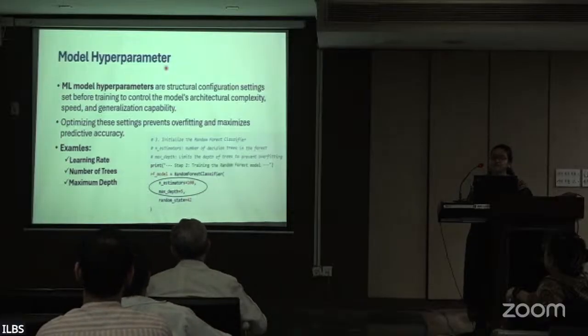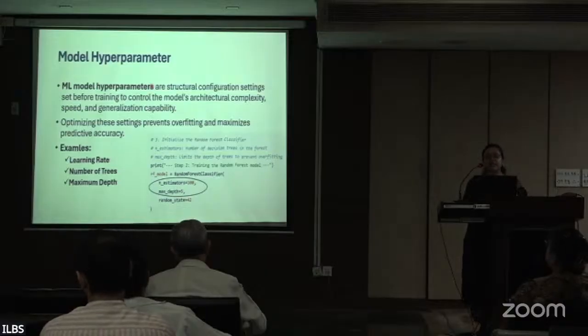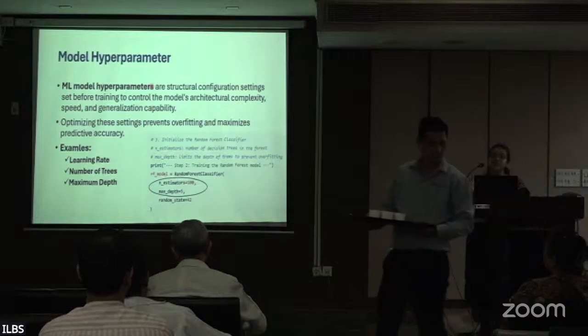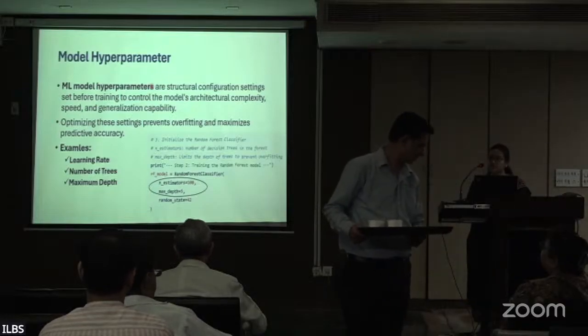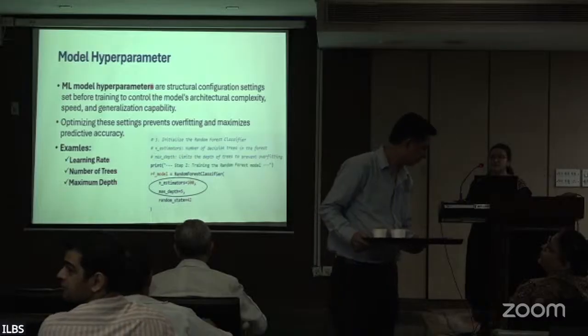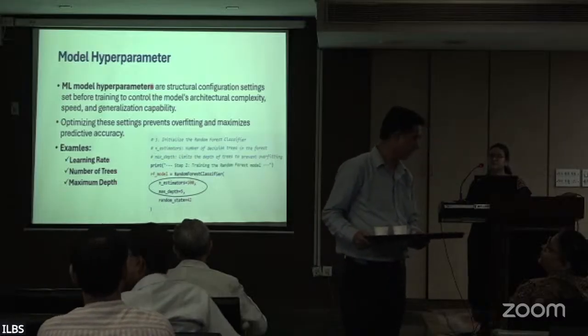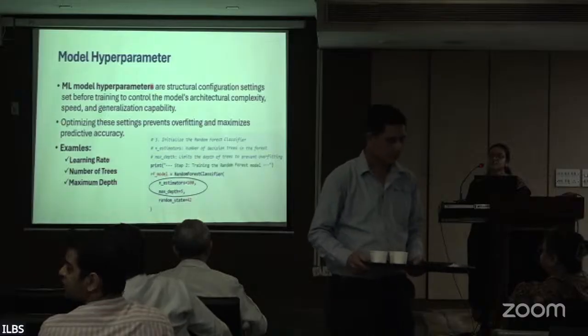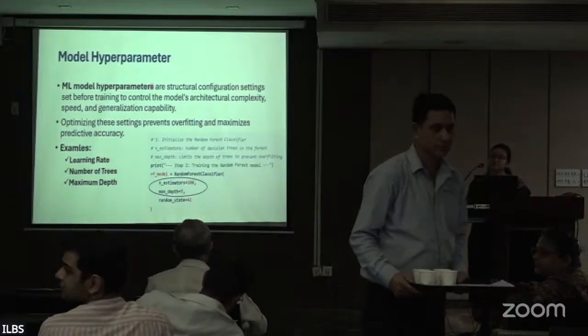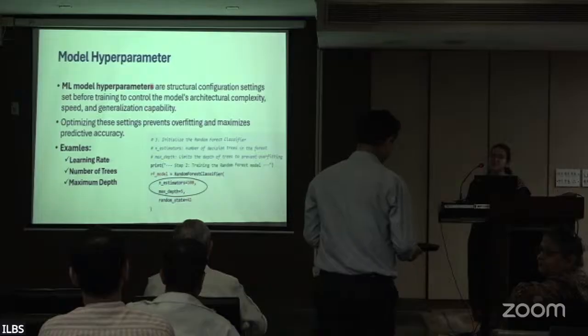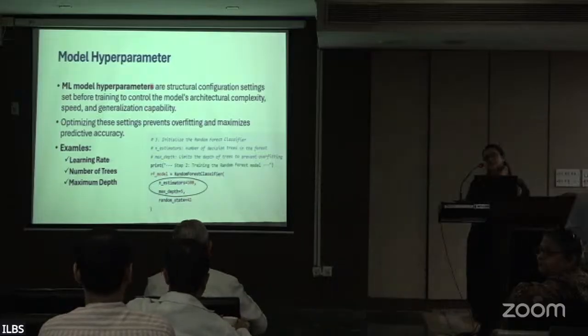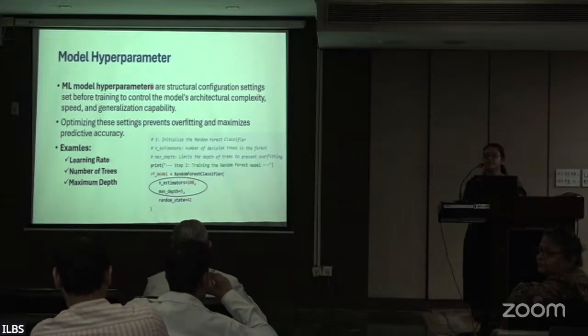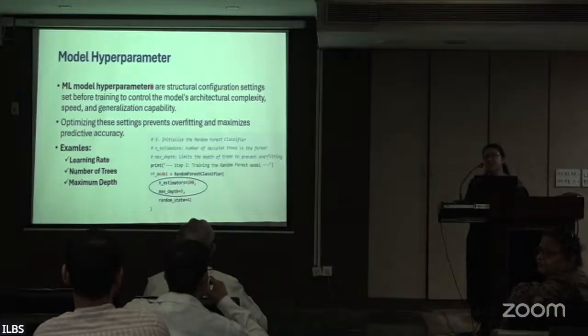We give input parameters, and the model has hyperparameters. Different algorithms have different types of hyperparameters. Hyperparameters are the coefficients actually, parameters that are input to the model, like what should be the depth, what should be the number of this thing.